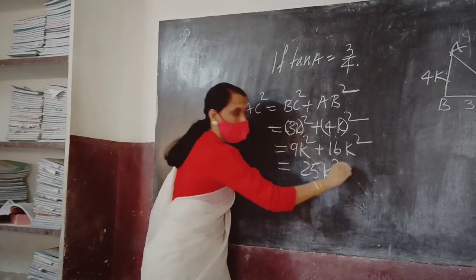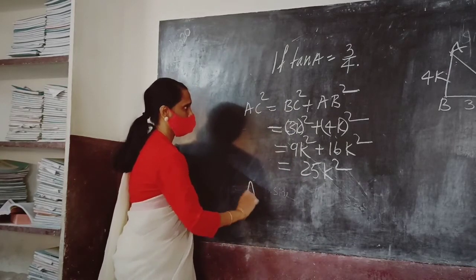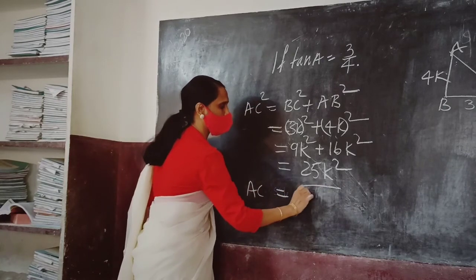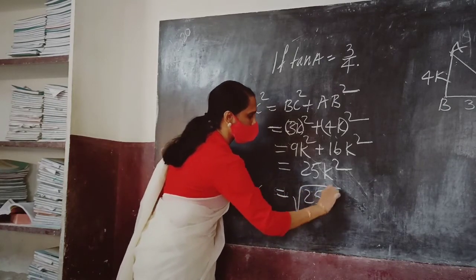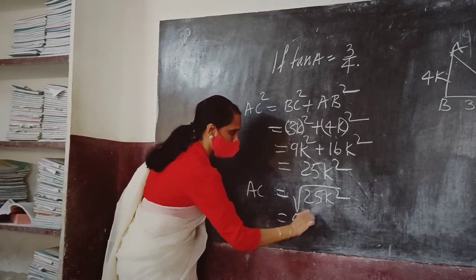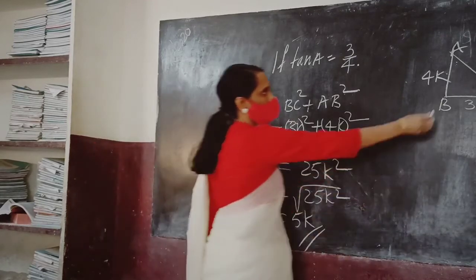So AC is the square root of 25K square, which is 5K. We got hypotenuse AC as 5K.